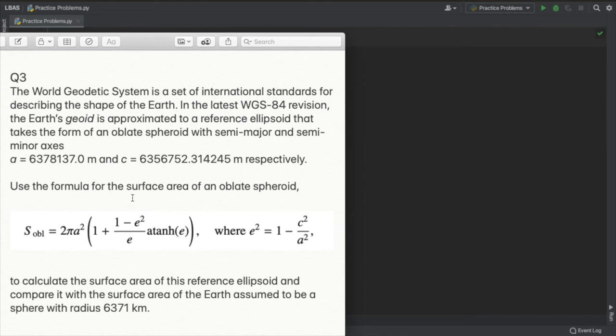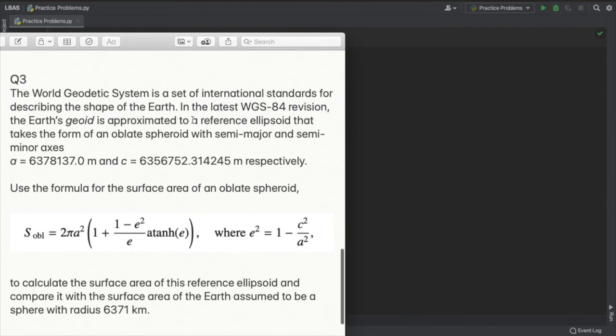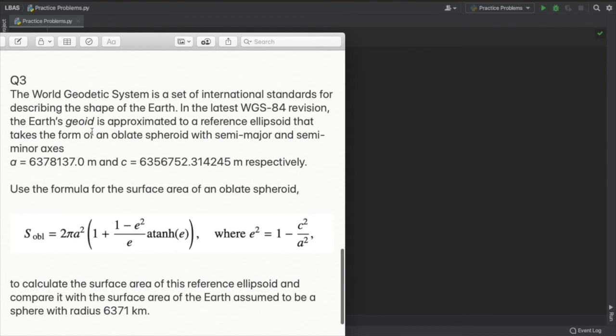So, the World Geodetic System is a set of international standards for describing the shape of Earth. In the latest WGS 84 revision, the Earth's geoid is approximated to a reference ellipsoid that takes the form of an oblate spheroid, with semi-major and semi-minor axes.